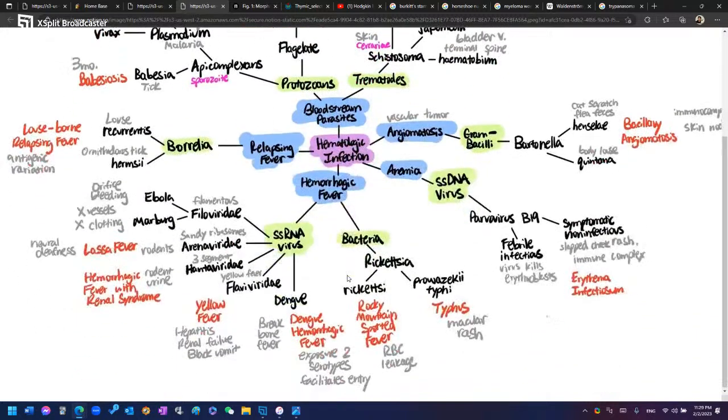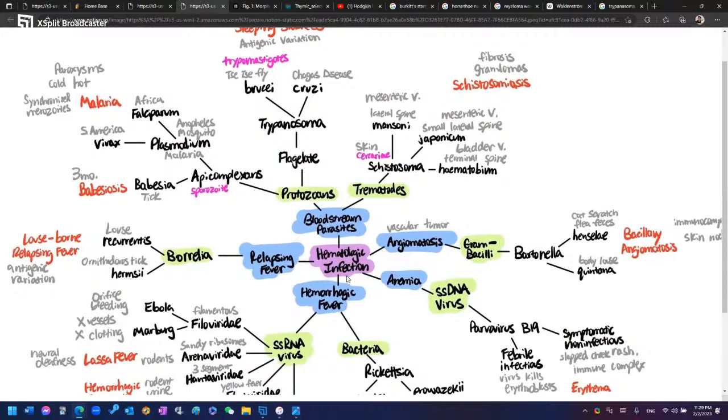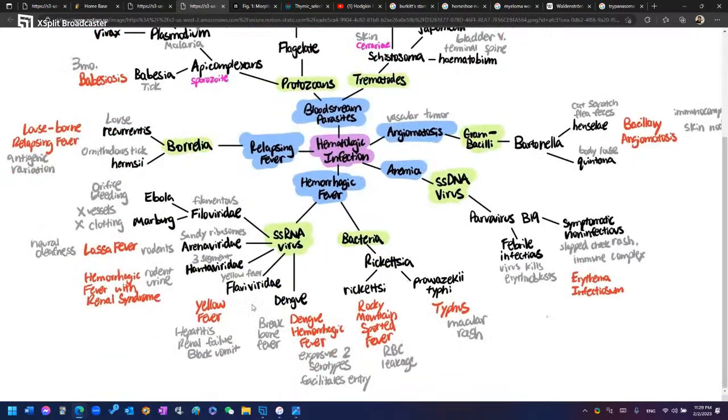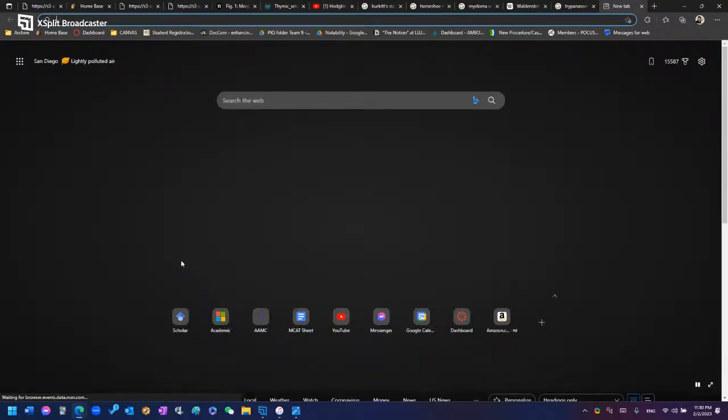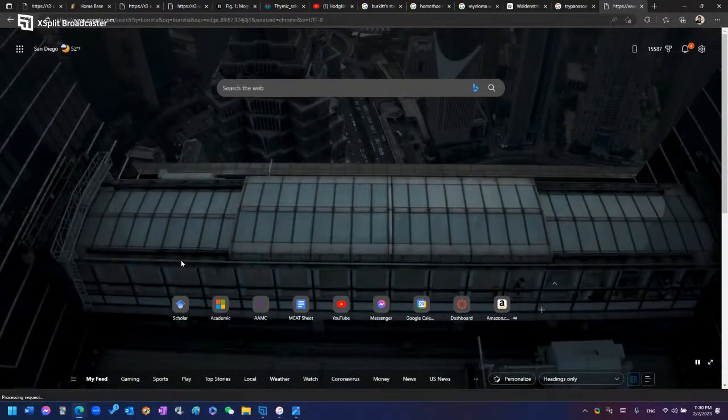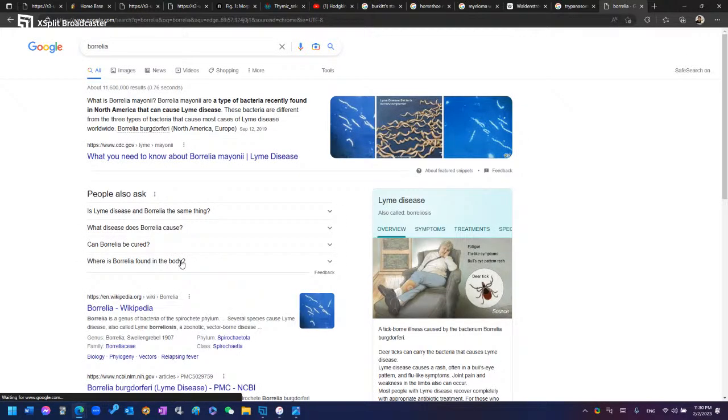I think out of all of these, these might be some of the worst. Right here, hemorrhagic fever. So relapsing fever is when you have, I think it's a bacteria that reproduces in waves. Oh, that is disgusting, man.